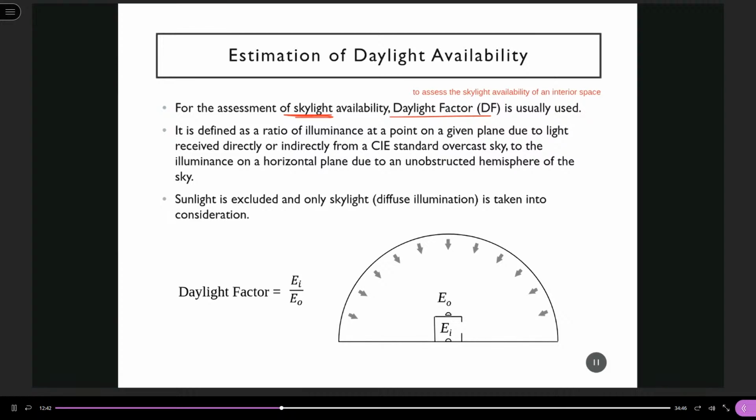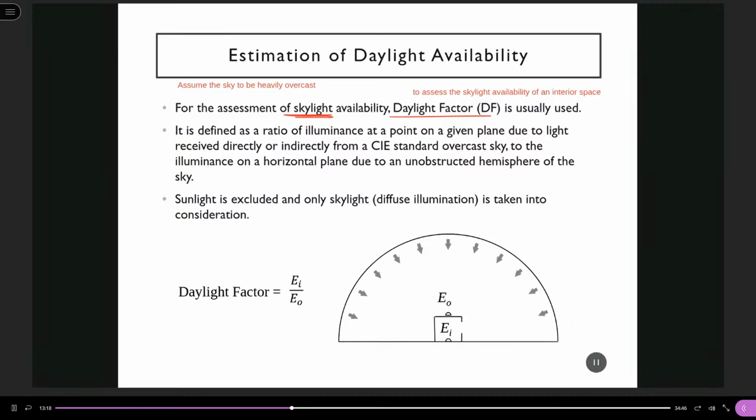And we have a very important assumption. We assume the sky to be heavily overcast. Remember, in the first few slides, we learned that there are three types of sky: sunny or clear sky, partly cloudy sky, and overcast sky.